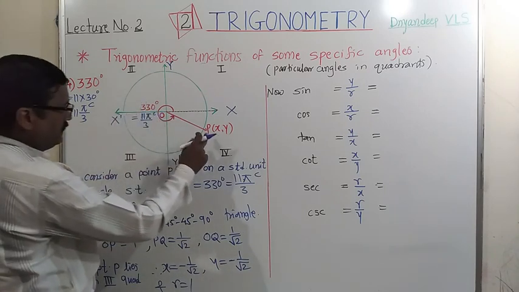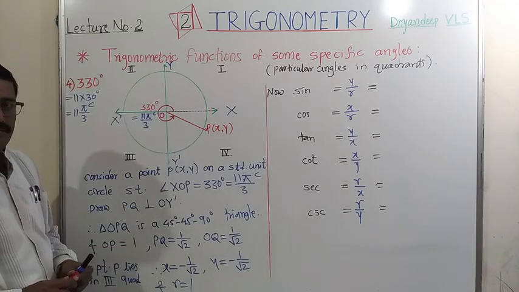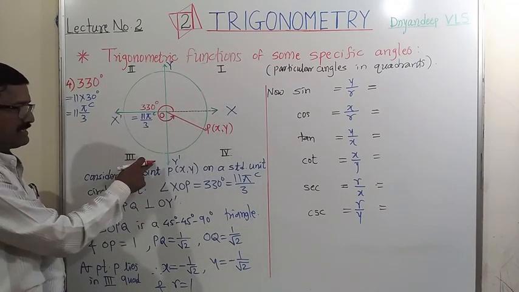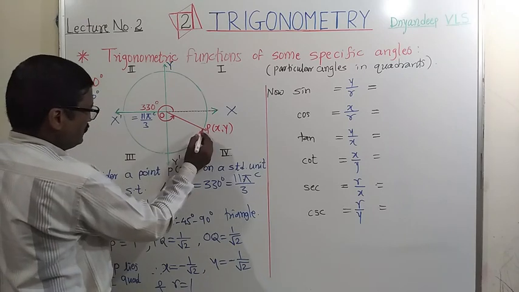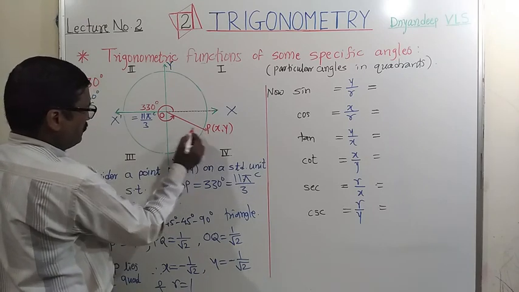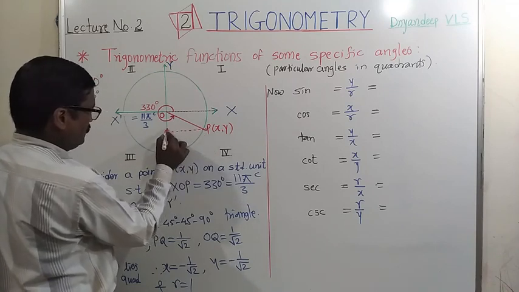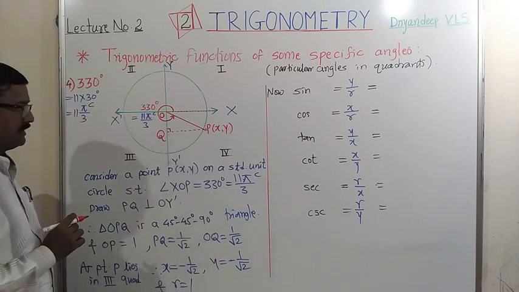Now if we take this angle, we will draw a perpendicular from the point P, which is on the circle, on either the x-axis or the y-axis. We can take any one perpendicular. Here we will draw the perpendicular on the y-axis. So this is point Q. Q is the foot of the perpendicular.